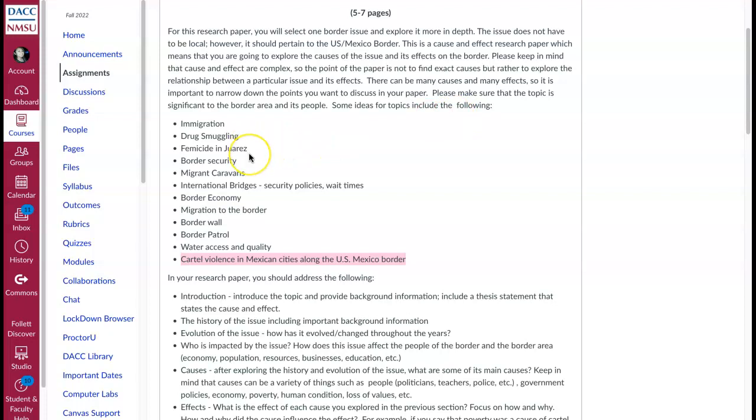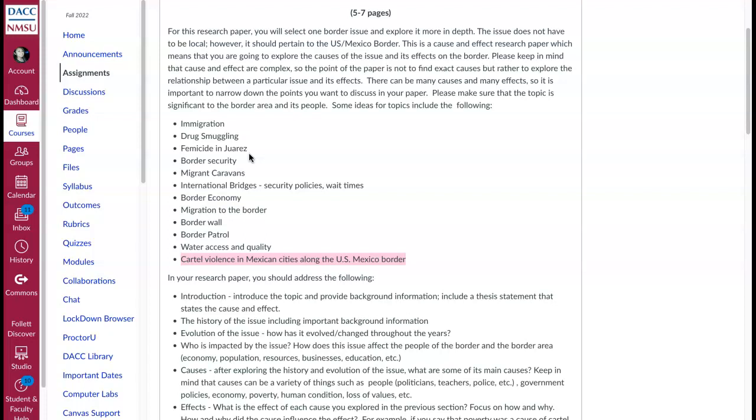If we look at femicide in Juarez, again, that has been going on for a long time. Nothing has been done. So when you are dealing with a topic like femicide in Juarez, you could look at it as, okay, I'm going to explore what's happening, or you could explore why nothing has been done, why nothing has been solved. And you could explore the causes of the inactivity and the lack of solutions and why it's still happening.